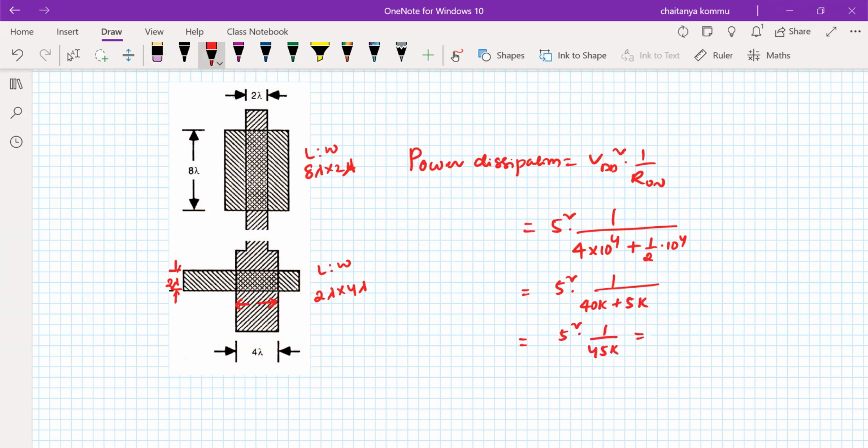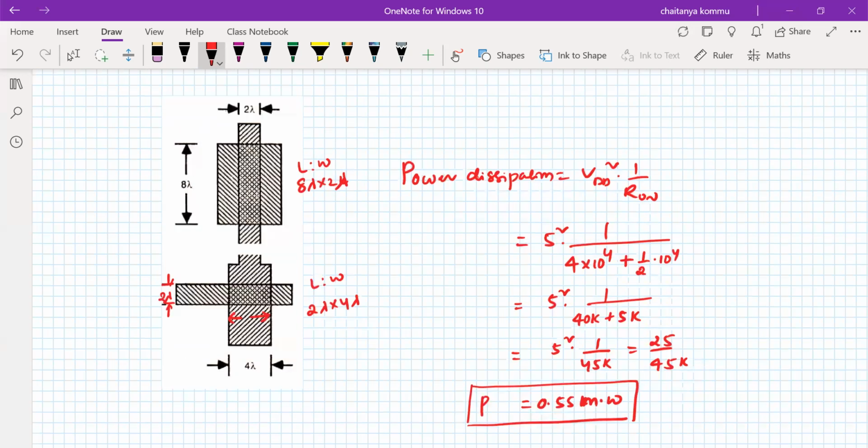So we have to calculate 25 divided by 45K. So what is this value? 25 by 45 is 0.55 milliwatt of power. So this is the power dissipation that we can see here.